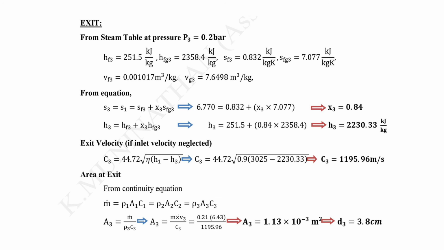We already know the mass flow rate of the steam, so we can calculate the area at the exit section. After calculating the area, we can find the diameter of the nozzle. This is the way we calculate the diameter of the nozzle.